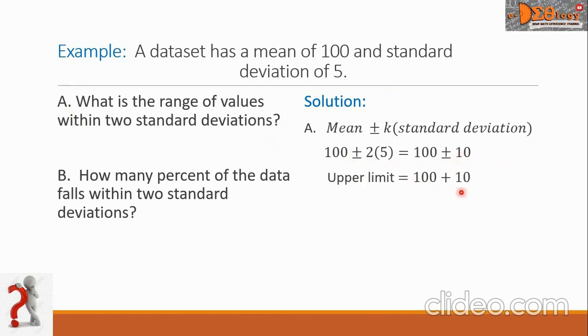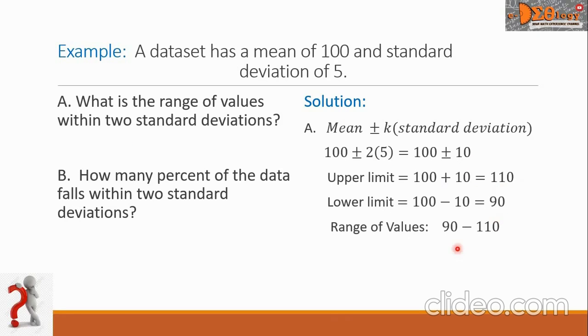Using the plus, we will get the upper limit. So that is 100 plus 10 equals 110. For the minus, we will get now the lower limit. 100 minus 10 equals 90. So the range of values is 90 up to 110.